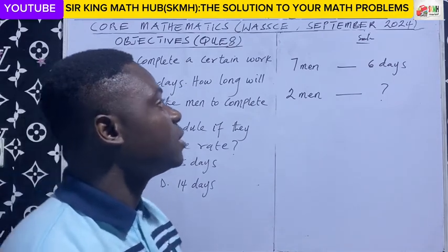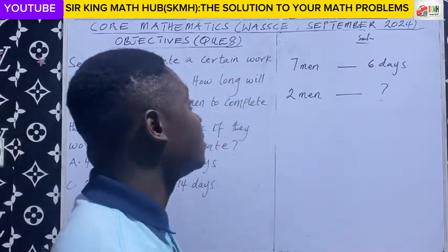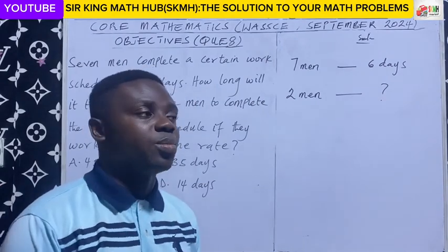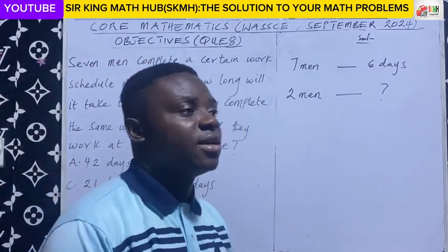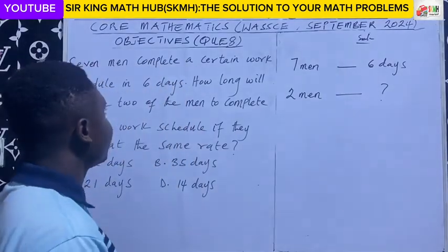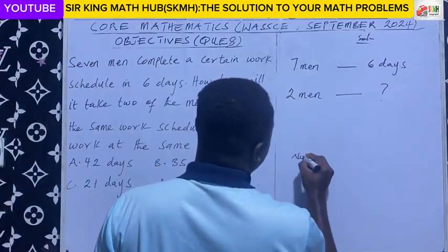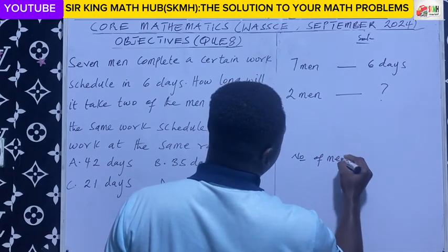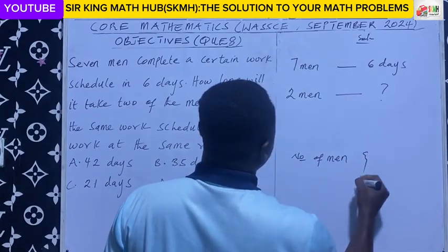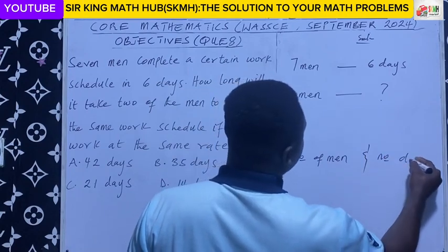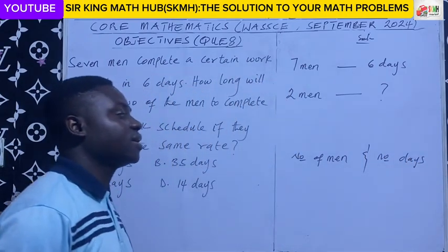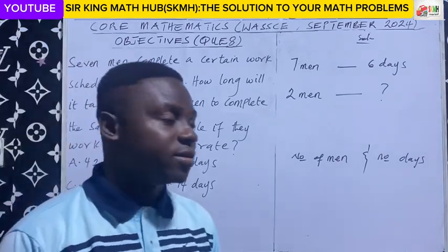Now, clearly this is an indirect proportion. Why is this an indirect proportion? First of all, let's identify the quantities given in the question. So we have the number of men and the number of days they take to complete the work schedule.